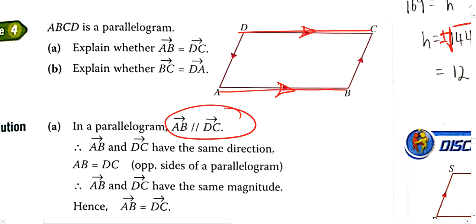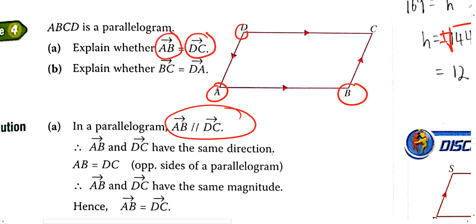And because they asked for AB, starting at A, ending at B over here, and starting at D, ending at C. Since the ending points are all on the right hand side of the starting points, we do know that they are parallel and in the same direction because both are on the same side. So this is the reason for the magnitude to be the same. It's a property of a parallelogram.